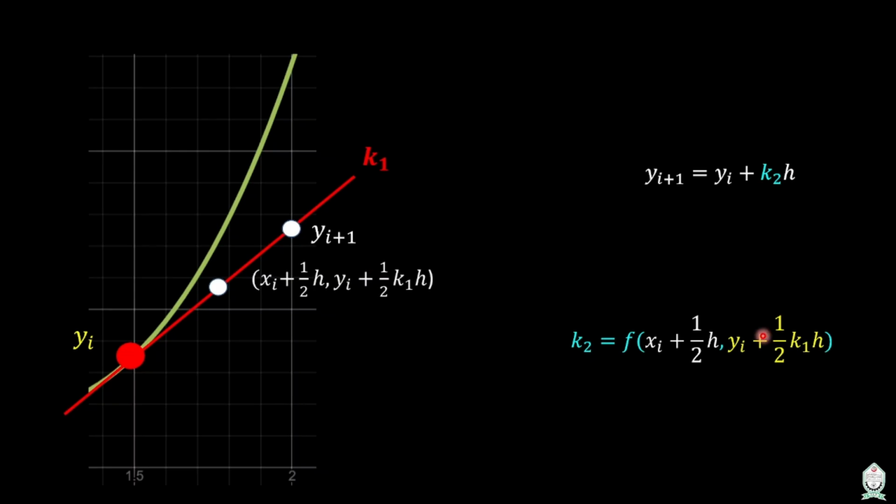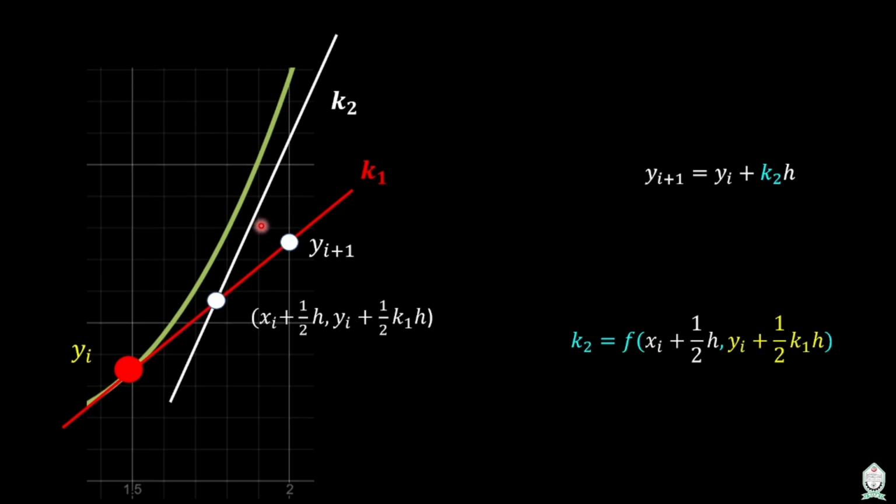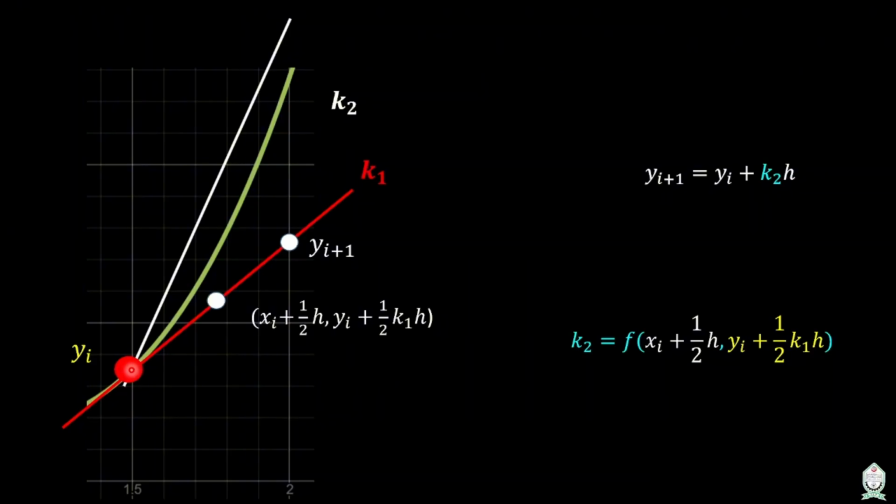If we plug this value into this function, that will generate another slope. This is k2. Okay, now at hand we have k2. To reach the next value of y, we need yi plus k2h. So how do we find k2h? We need to bring this k2 here and following this path we can reach here.